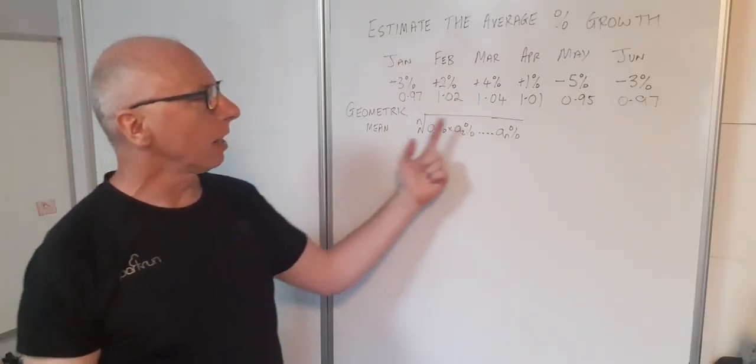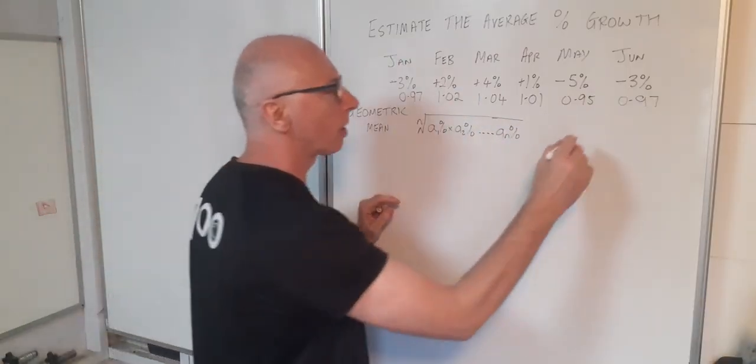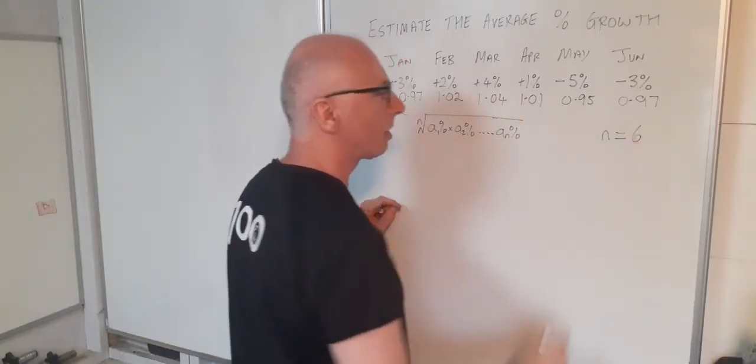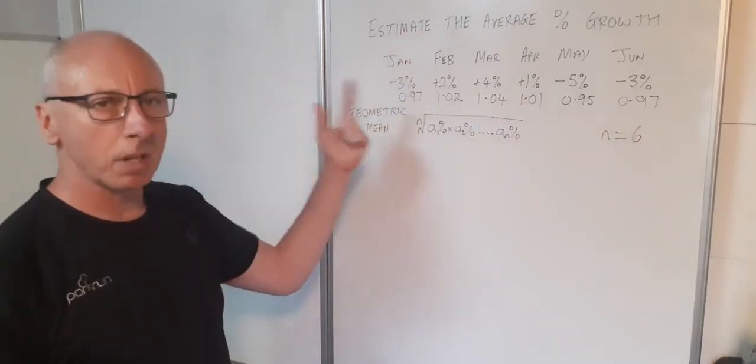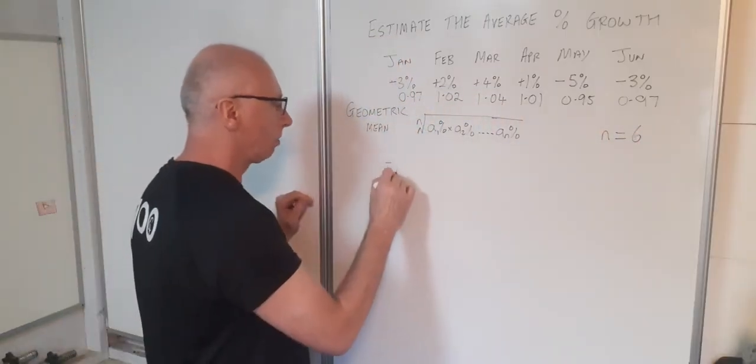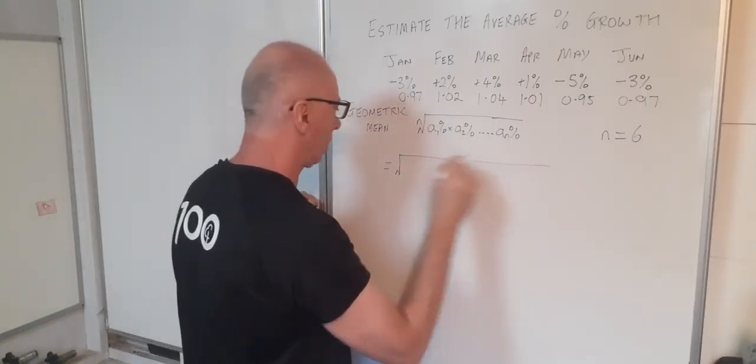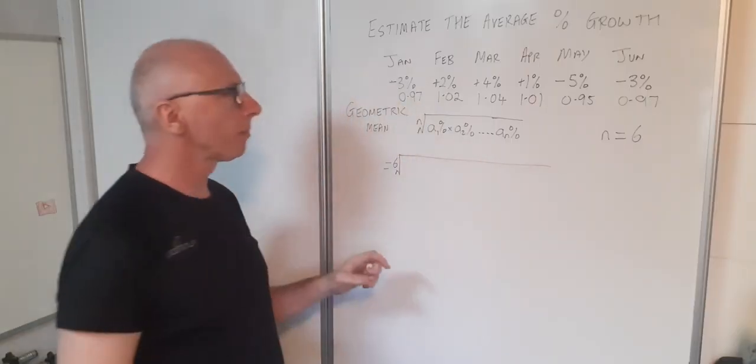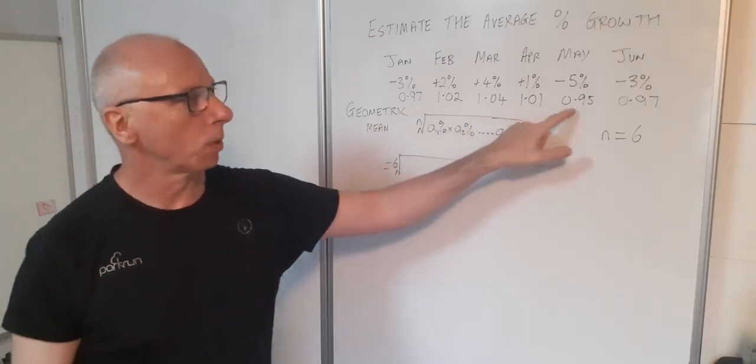So we can see here there are 6 numbers, so therefore our n is 6. So for the geometric mean of these, we've got the 6th root of all these numbers multiplied together.